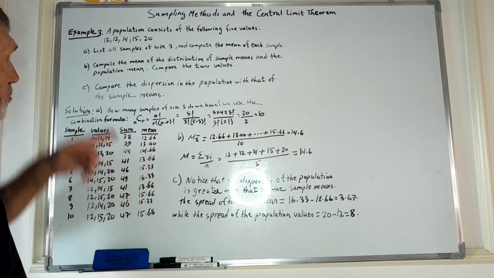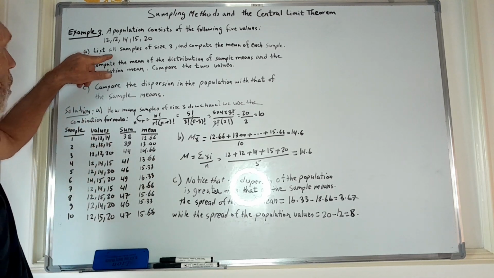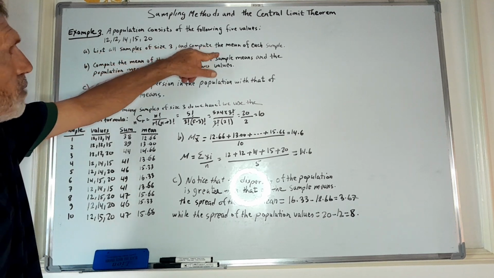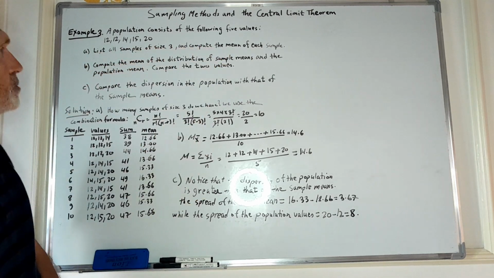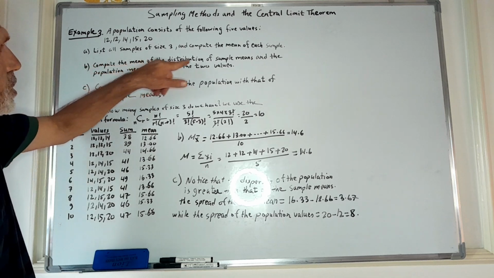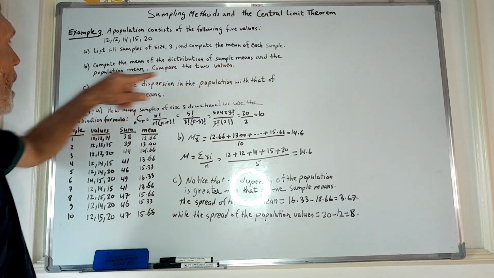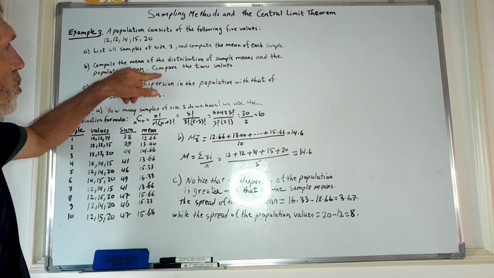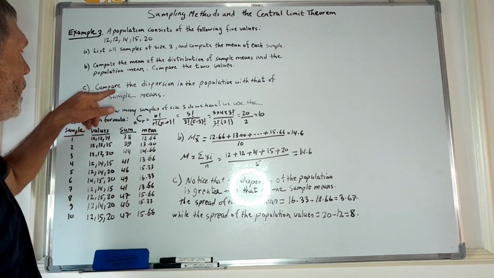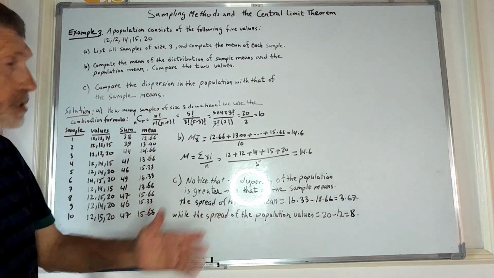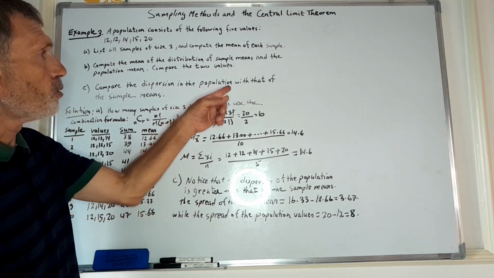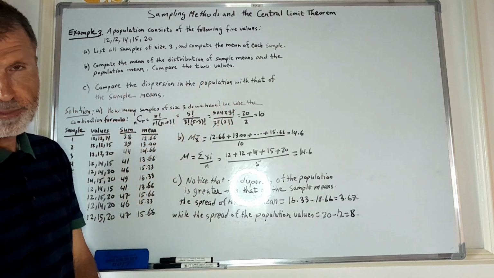Now, question number 1, A: list all samples of size 3 and compute the mean of each sample. B: compute the mean of the distribution of sample means and the population mean. Compare the two values. C: compare the dispersion or spread in the population with that of the sample means.